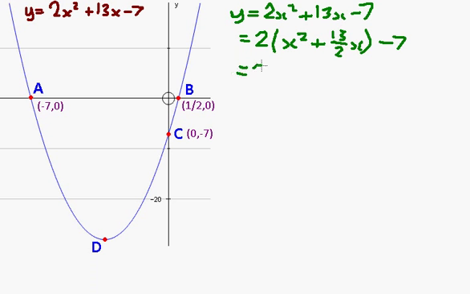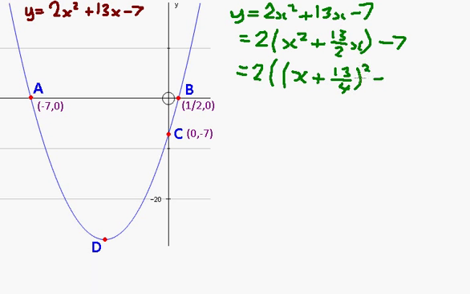So I am going to complete the square on what is inside the bracket. So I'm going to have a double bracket with this. I'm going to have x plus half of this coefficient, 13 halves. So a half of that is 13 quarters, all squared.